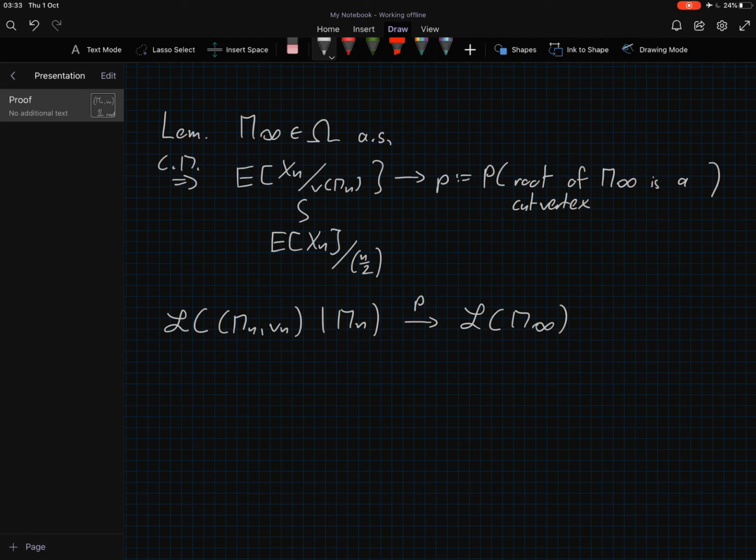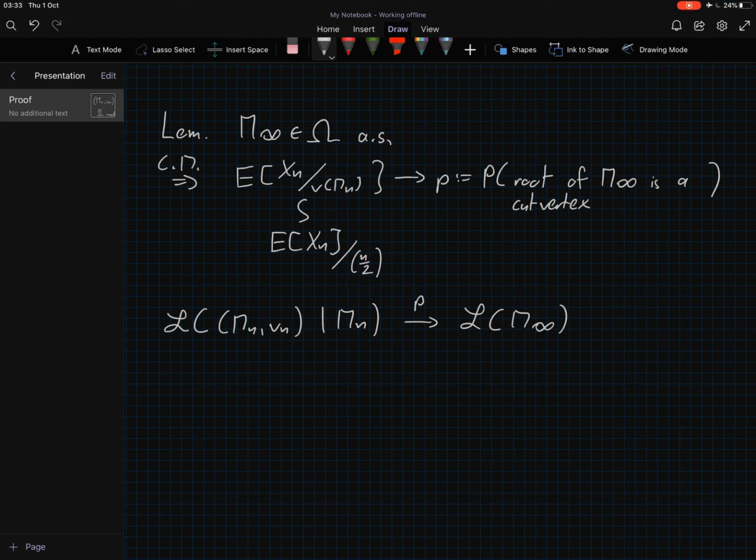That is, here on the left side, we look at a random measure. So we take Mn, this is where the randomness comes from, and then if we have Mn, we have a finite number of vertices, and so we have a finite number of rooted versions, and we take the uniform measure on these rooted versions.